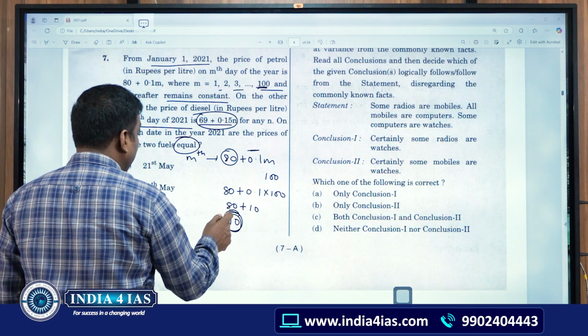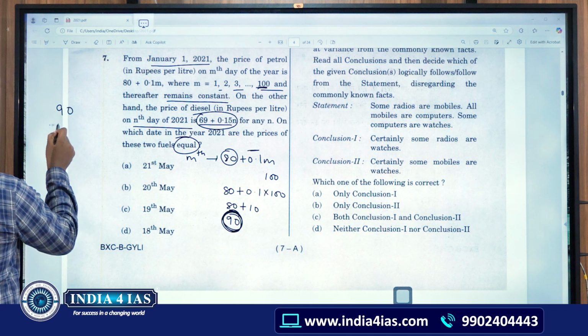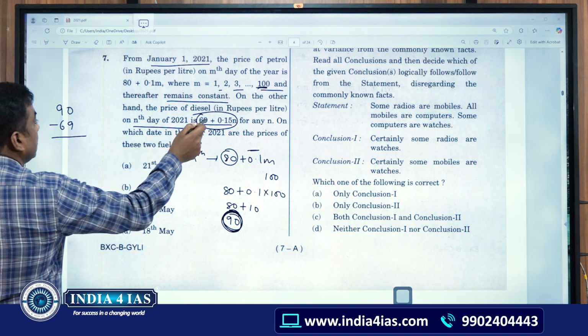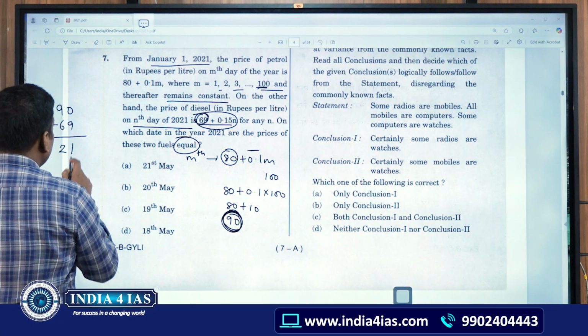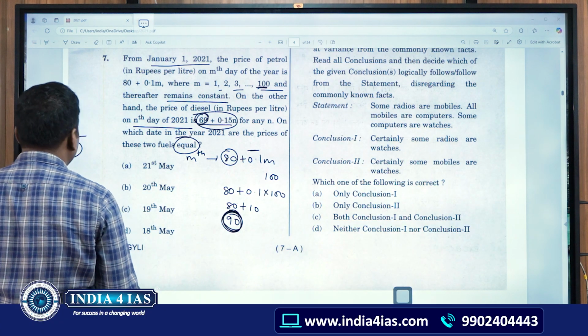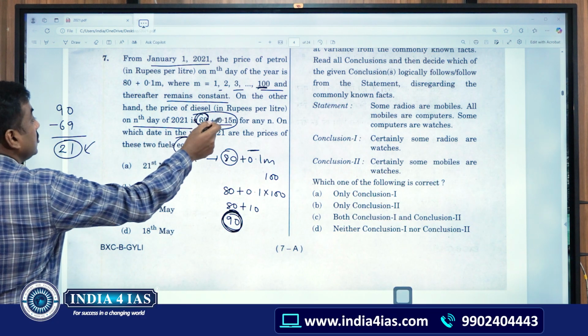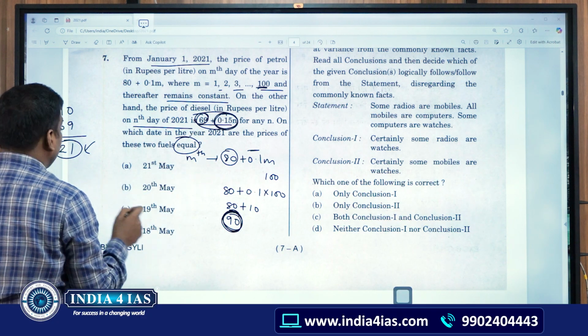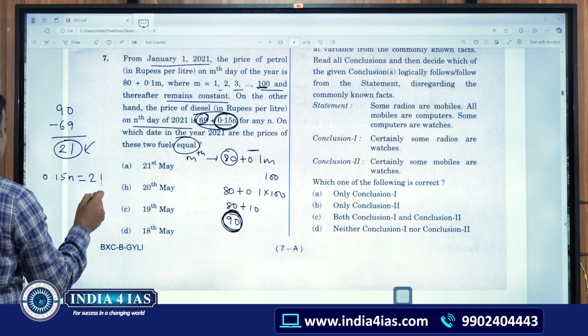But if I look at 90, so out of 90, if I take out this fixed value, that is 69, then I'll be remaining with 21. So this 21 has to be equal to 0.15 n. 0.15 n is equal to 21.